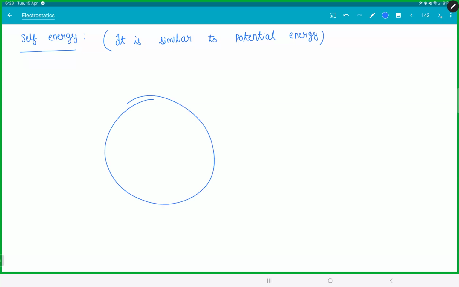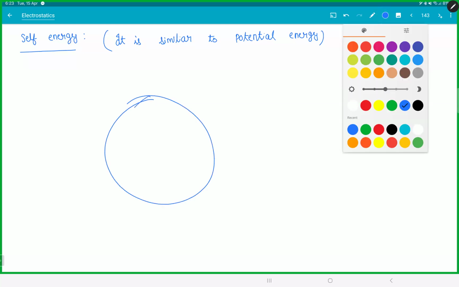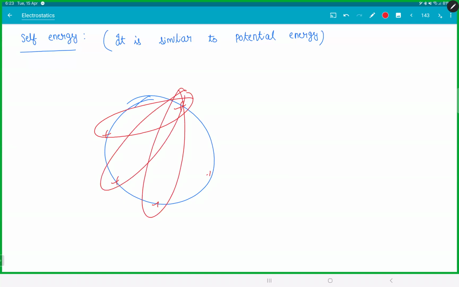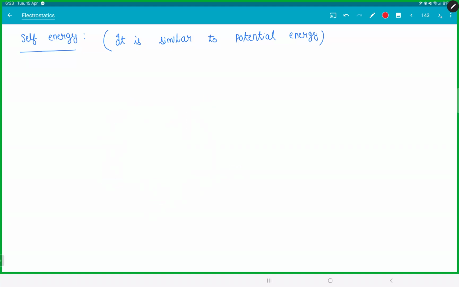How did we define potential energy? We said it is the energy between all charges. Now, if you take a shell, there is a positive, positive, positive, positive. These two will have potential energy, these two will have potential energy, these two will have potential energy. Won't charges on the surface interact with each other? So this is the potential energy between the charges in the system. You're getting it? So that's why we call it self-energy.